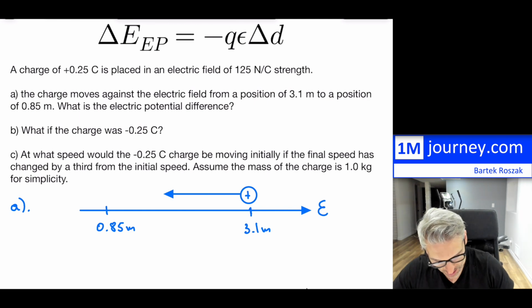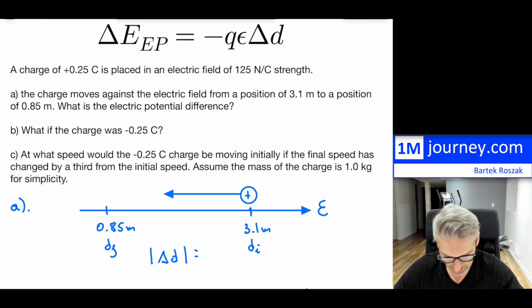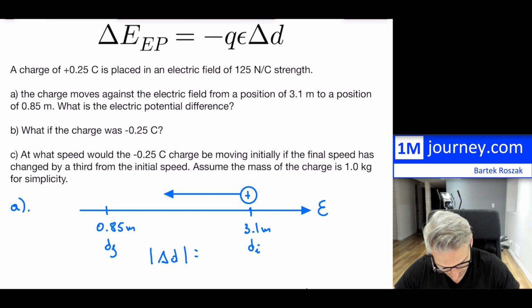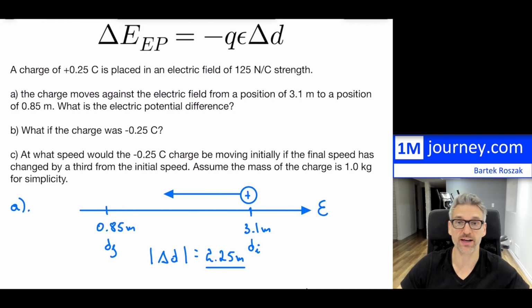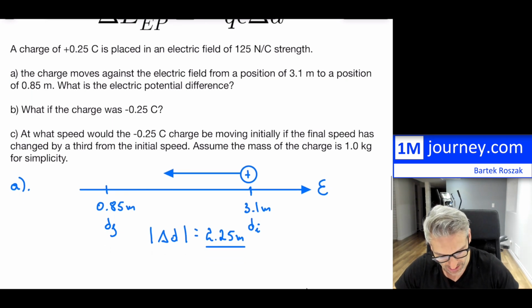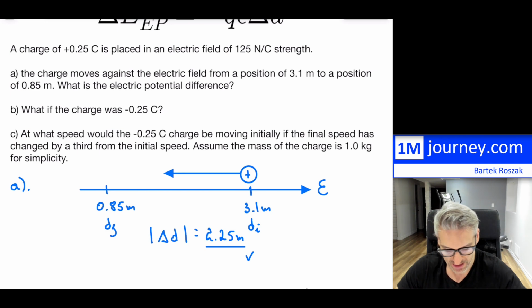This is your initial position and this is your final position. I'm just going to take the magnitude of the displacement, which is 3.1 minus 0.85, and this is 2.25 meters. If you do the final minus the initial, it's going to be a negative change, but I'm just interested in the magnitude itself.